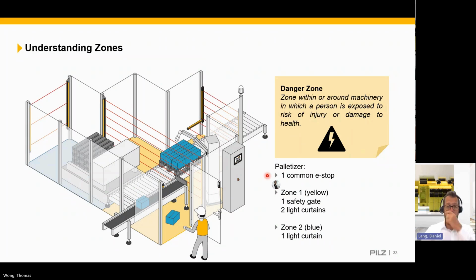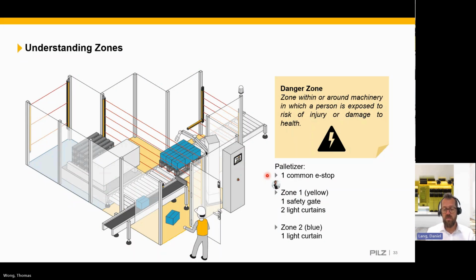So what does that mean now? If you have a machine with several working areas or danger zones, you can separate them, and the machine can still work in these areas so that the worker is not exposed. But what does it mean in the end? This all affects the OEE, the overall equipment effectiveness.